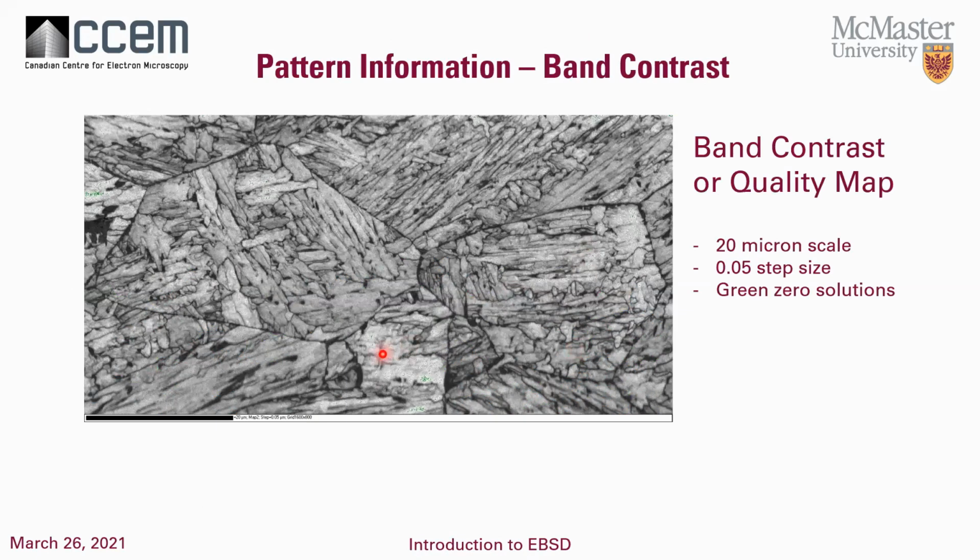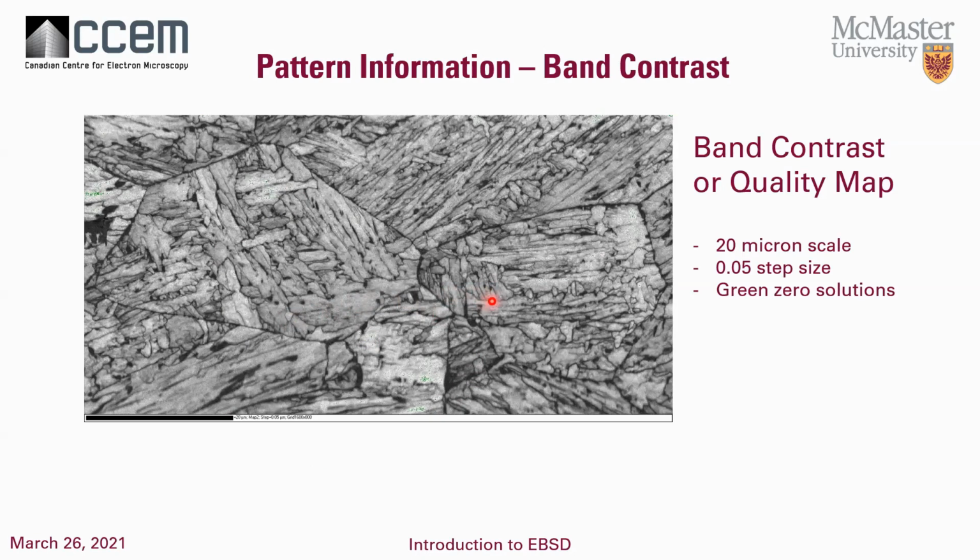Now, one of the maps that we can collect with the Oxford system is what's called a band contrast map. So this is actually looking at the patterns, not at the actual index data. And if you can see, it's probably very hard to see on the screen here.